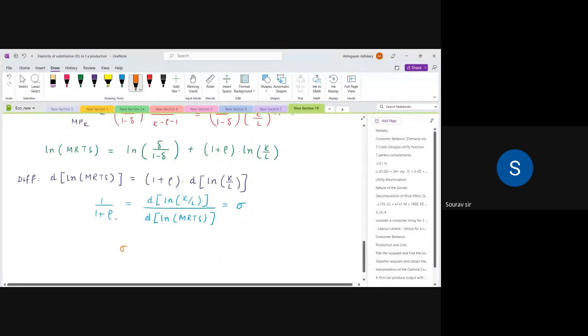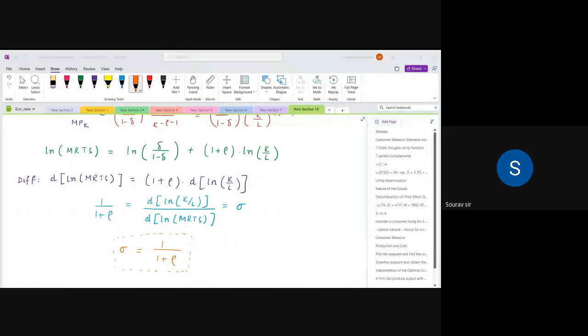That means for the CES production function, this is 1 by 1 plus rho. Correct? Any doubts from anyone? Everyone getting this answer? Yes. Okay.